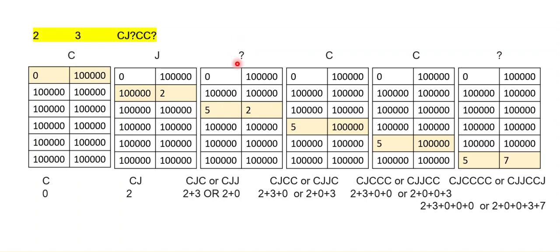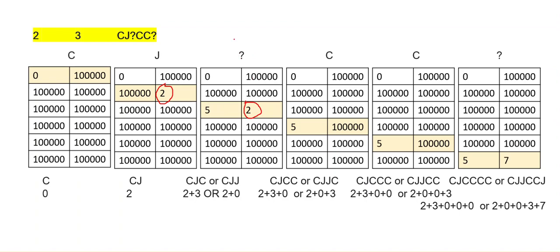Then we have the next question mark. A question mark can be C or J. So we have to take a minimum of, this minimum is nothing but the JJ combination, and we also have to compare with JC.